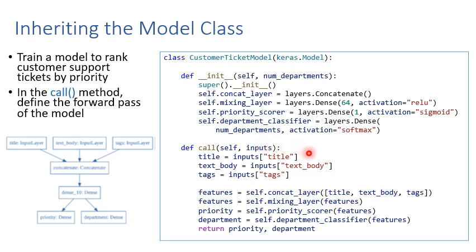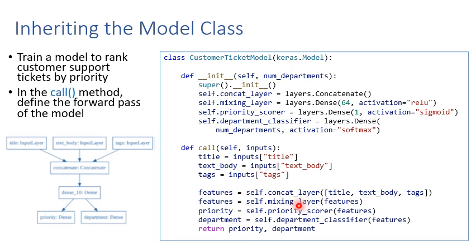So we will receive three inputs: the title, text body, and the text in an array, because the user can pass an array of three inputs. So we got the three tensors, then we use the concatenate layer, which we initialized in the initiate of the model, right? And then just use it like the functional API.